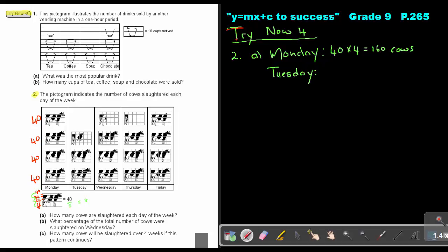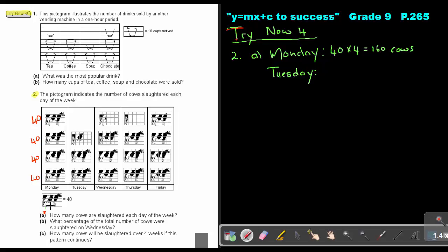Tuesday, but now be careful. I see the picture is now drawn like this, so you still have to count 1, 2, 3, 4, 5. Luckily it's also 5, so it's still divided by 5, but it's just these lines.